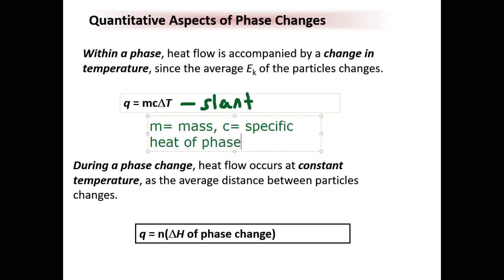So a solid will have a different specific heat than a liquid. And then delta T, of course, is T final minus T initial.